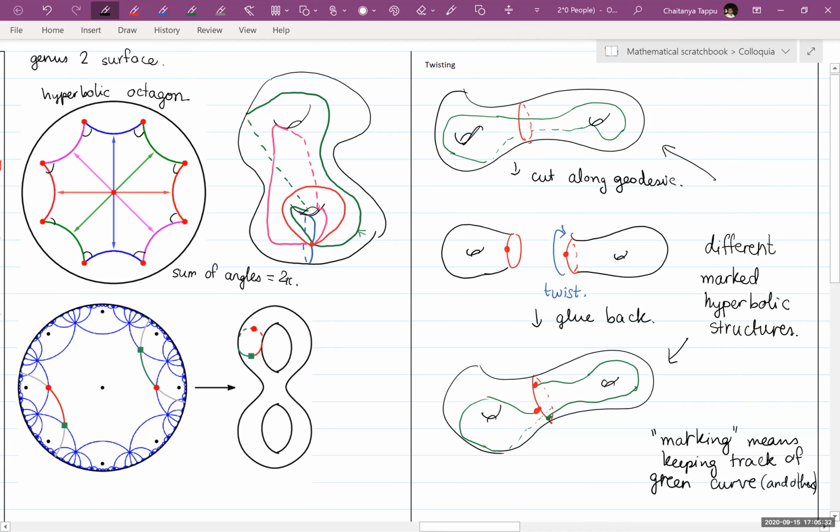And that's what Thurston's theorem really is. Thurston's theorem is that you can get from any hyperbolic structure to any other by quaking along geodesics.